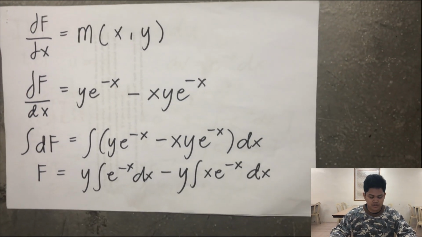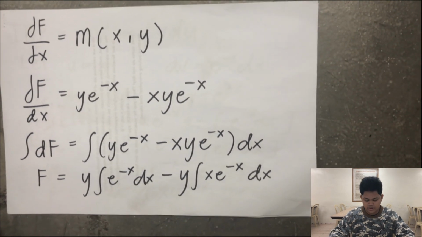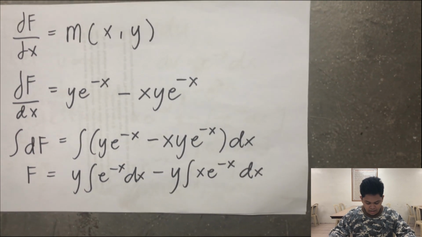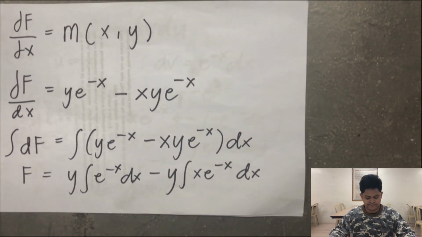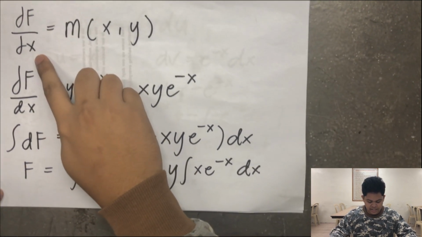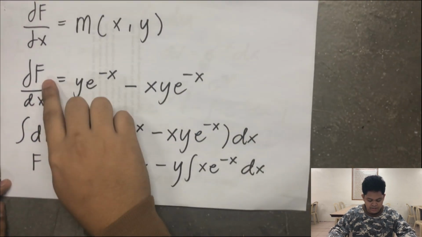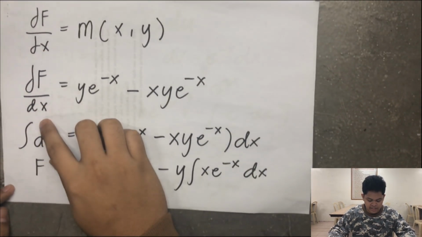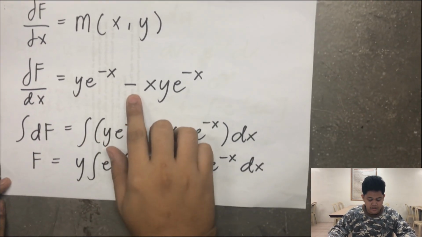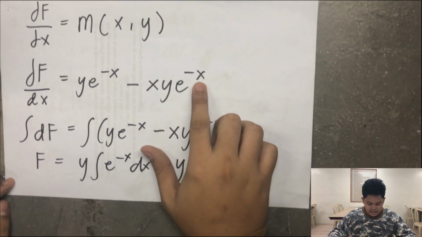The next step is to take the antiderivatives with respect to the appropriate variables. So we will take the antiderivative of M in terms of x and N in terms of y respectively. The partial derivative of f with respect to x is equal to M(x, y), which is y e raised to negative x minus xy e raised to negative x.